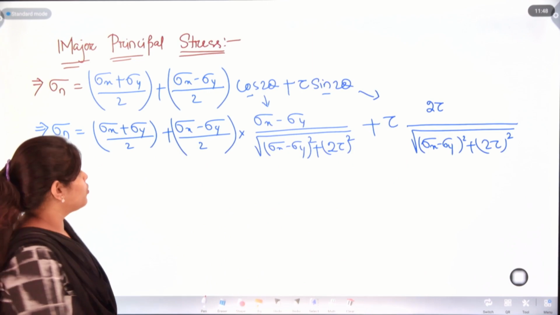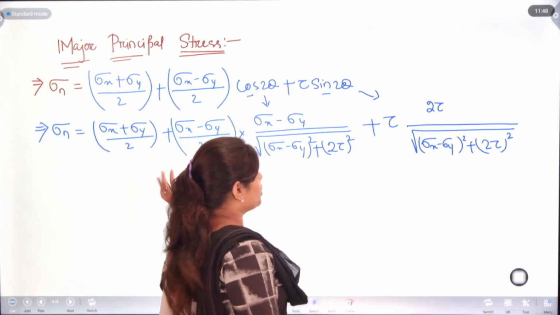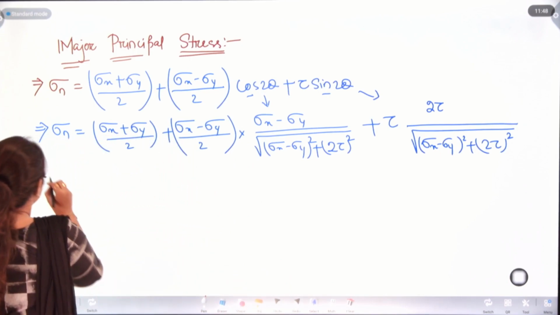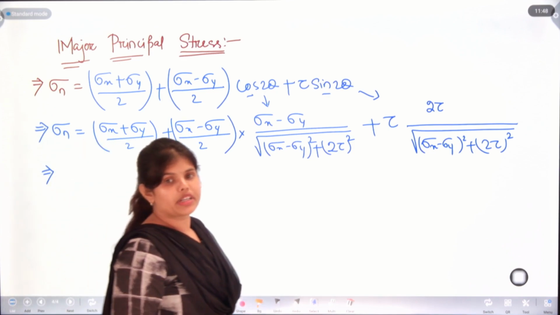Now we have the equation here. If we solve it properly, we will have the value for the major principal stress. Also, we can say maximum principal stress.